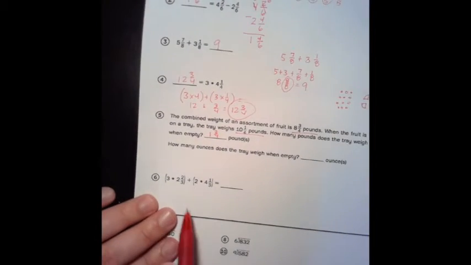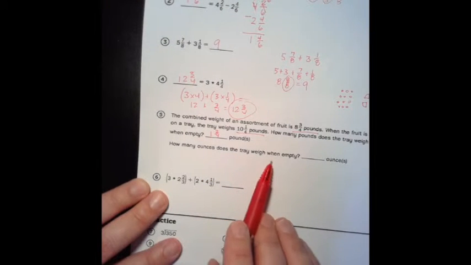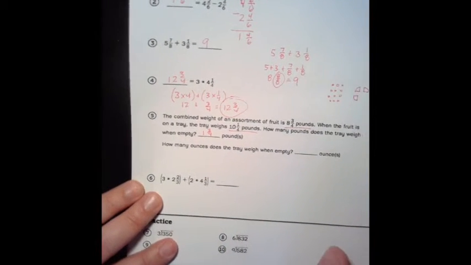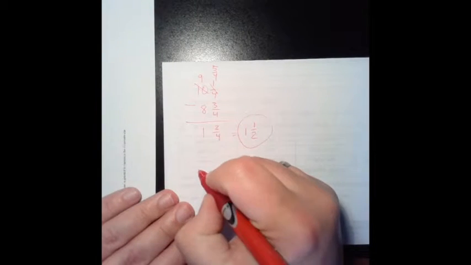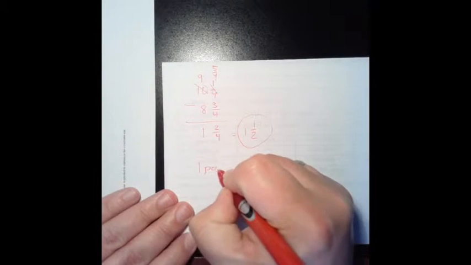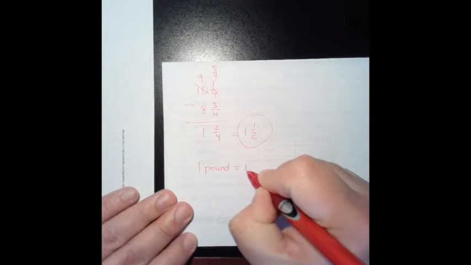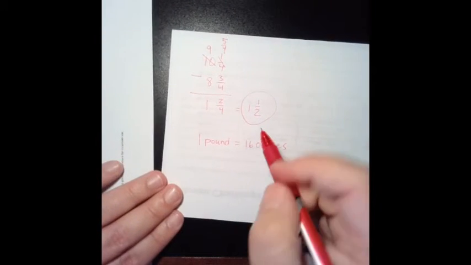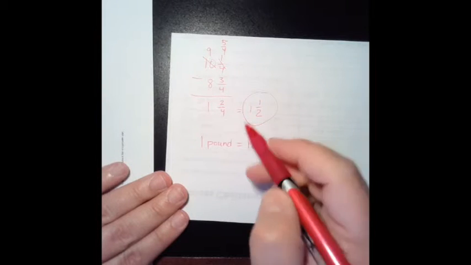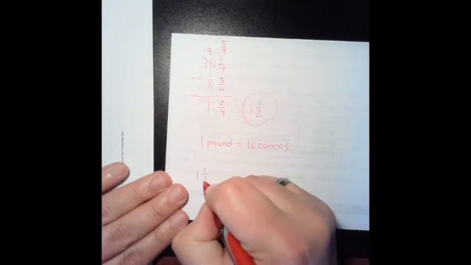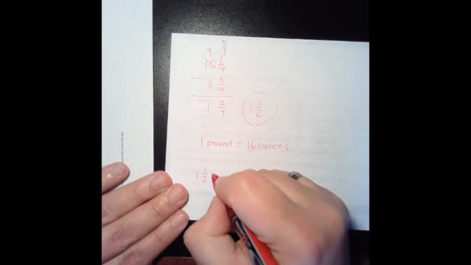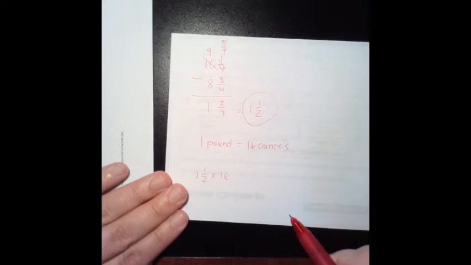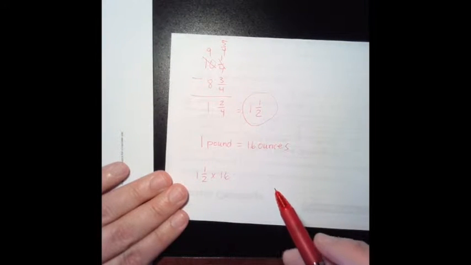So now the next question is asking you, how many ounces does the tray weigh when empty? So we know that 1 pound equals 16 ounces. So now we need to take that 1.5 pounds and multiply it by 16 to figure out how many ounces total we have.